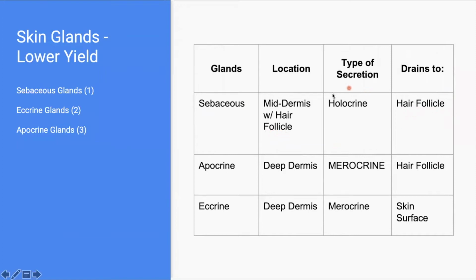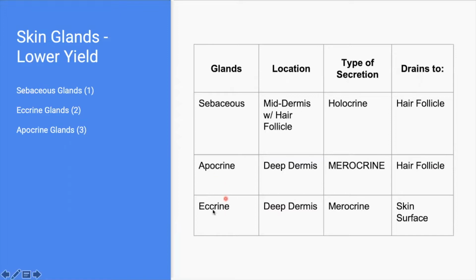And then the type of secretion, and I have seen questions like this before, as far as sebaceous glands, is going to be that holocrine type of secretion. The holocrine type is where basically the whole cell degranulates to release that type. So all of it is released onto the hair follicle, and that cell ends up dying in the process.